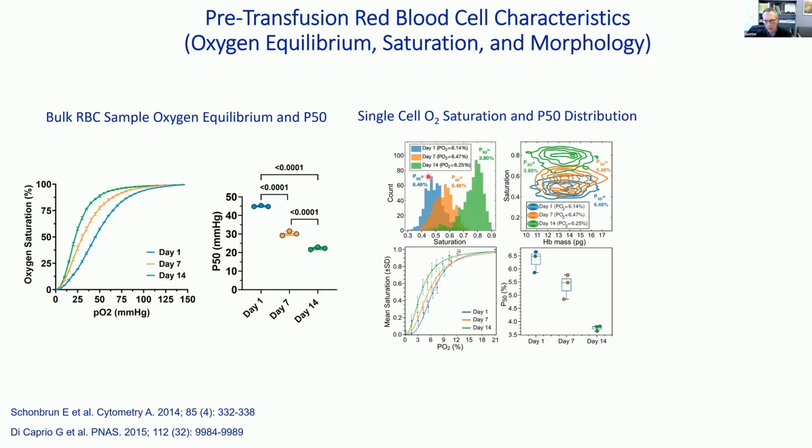And then there's some interest in being able to modulate these red cells in terms of adding things back to improve the allosteric response to hemoglobin. But it is very curious that you get populations within these bulk samples where you have different oxygen saturations.